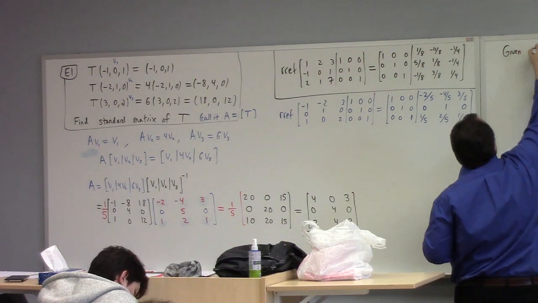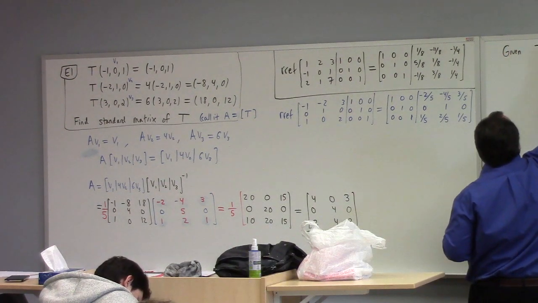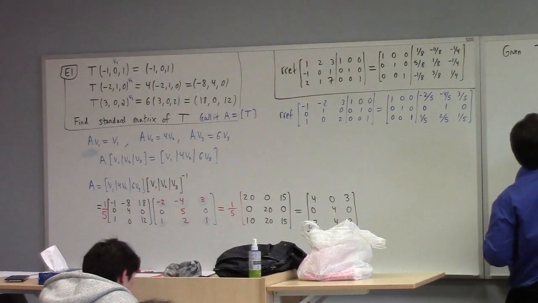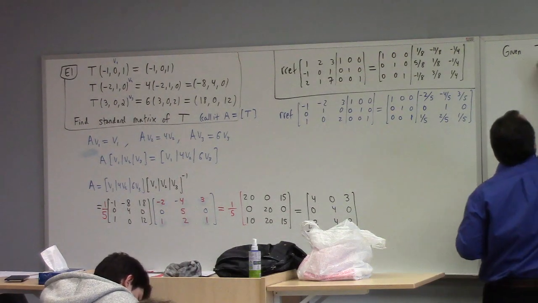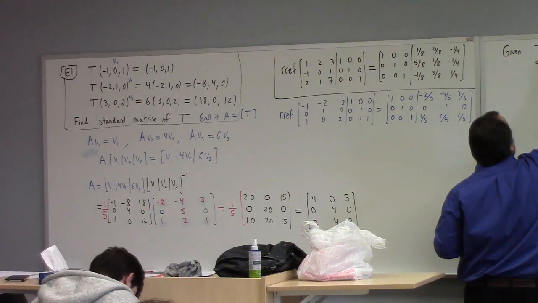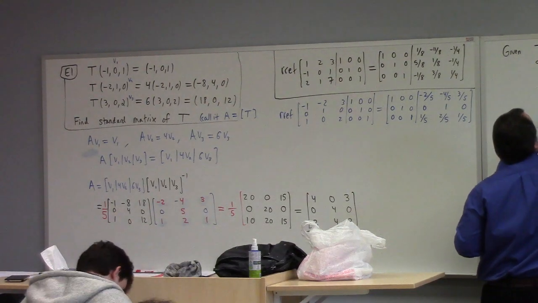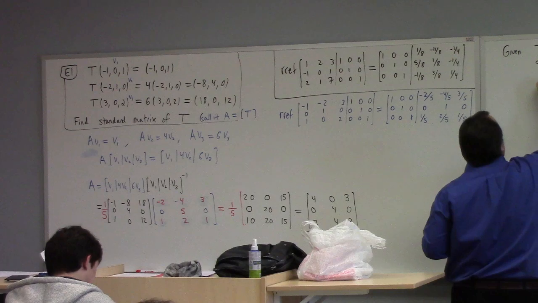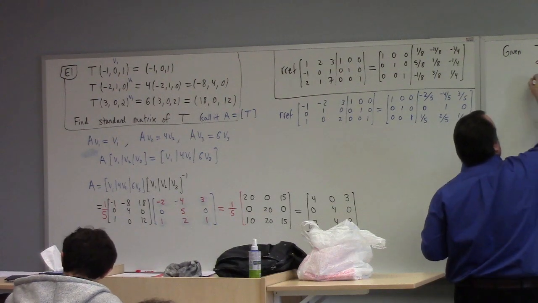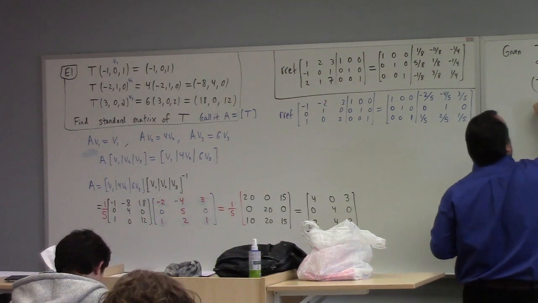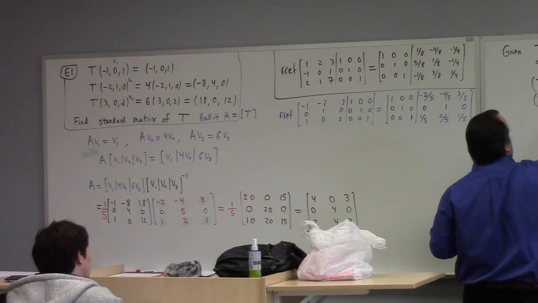Given linear transformations, say T from Rn to Rm, and also S from Rn to Rm, we can define T plus S. We can define T minus S, right?